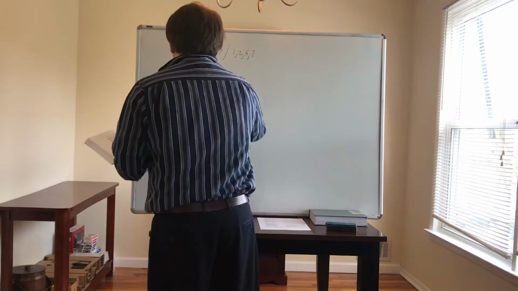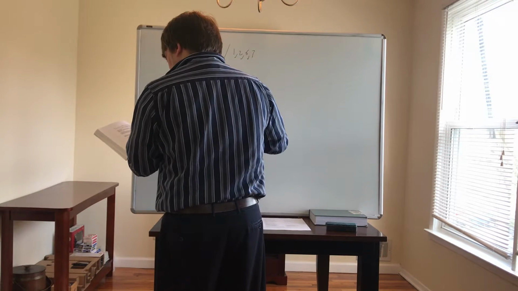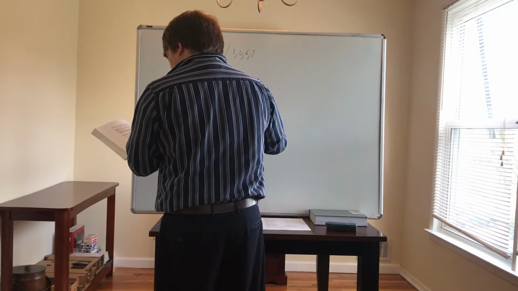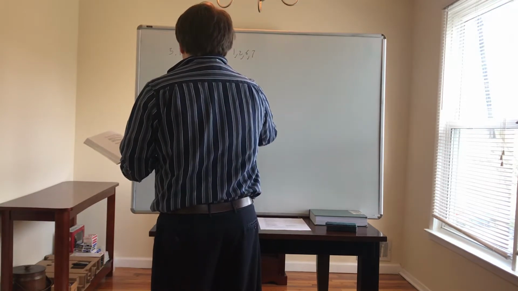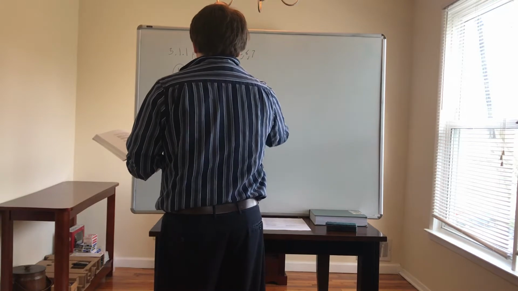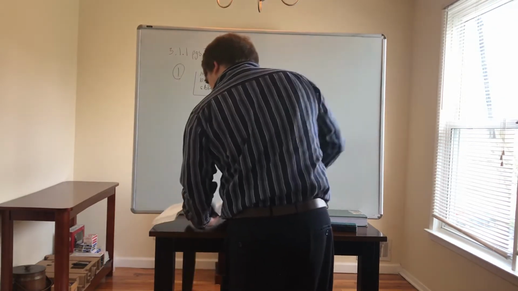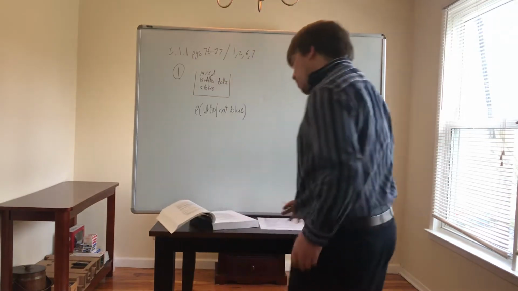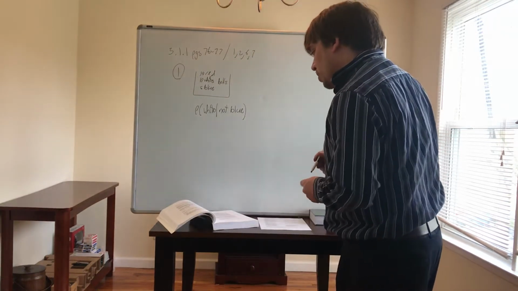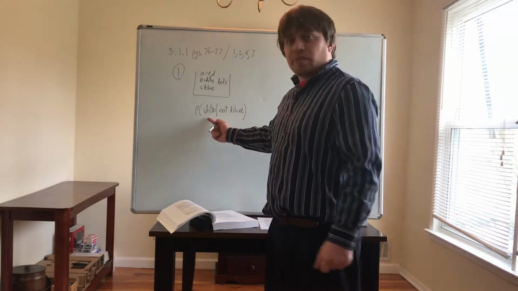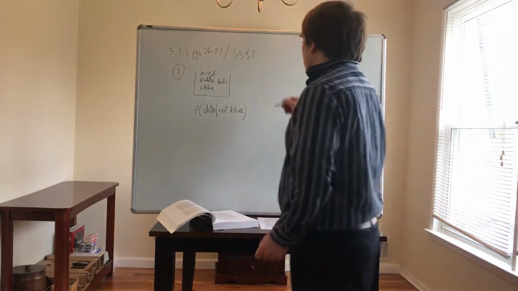So you want to know the probability that the ball is white, given that it is not blue. It's asking for the probability of white given that it is not blue, right?